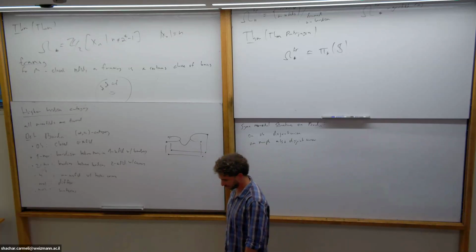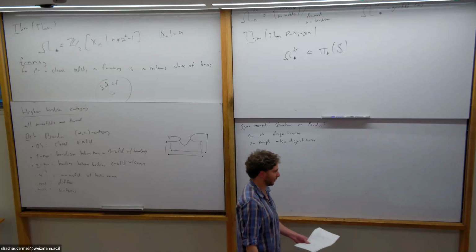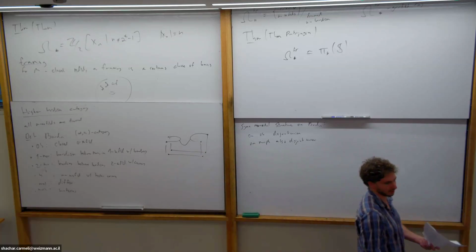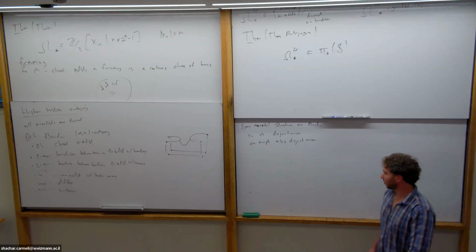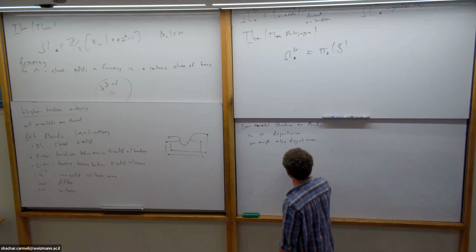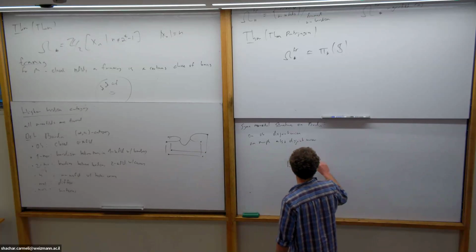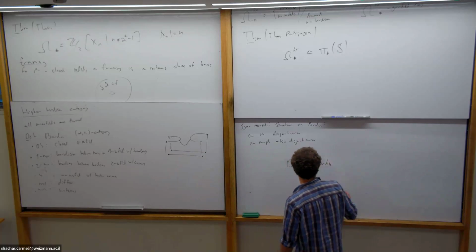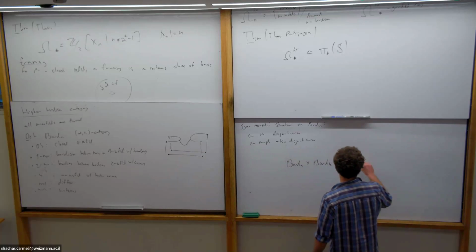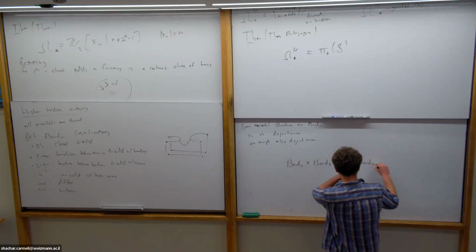Let's think about what we would like this multiplicative structure to be. We would like a functor from Bord n times Bord k into Bord n plus k.